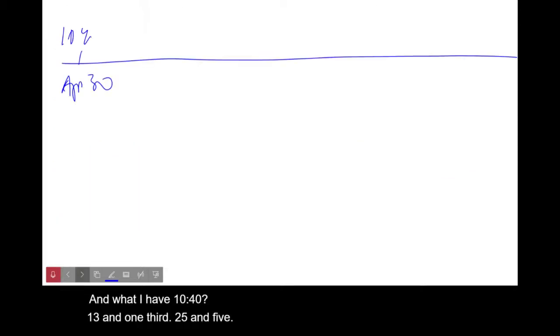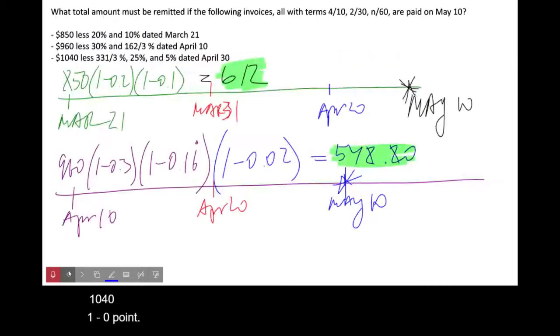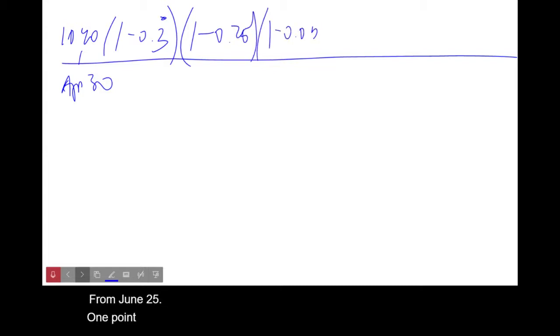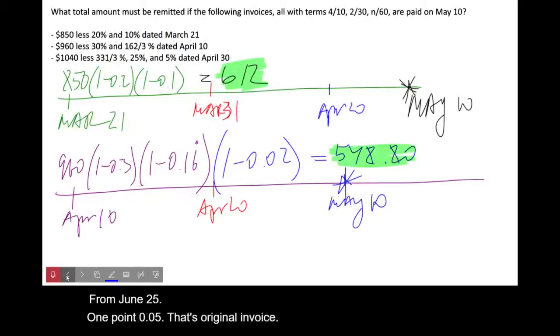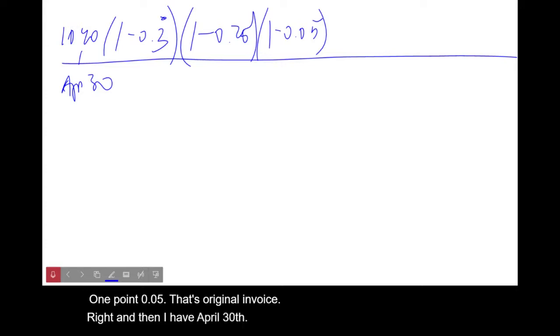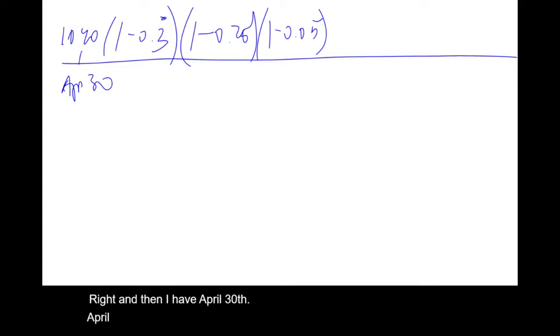So 1040, 1 minus 0.33 and 1/3, 3 in period, 0.025, 1 minus 0.05. That's original invoice, right? And then I have April 30th. April 30th gives me 120 plus 10, 130, and it is May 10.